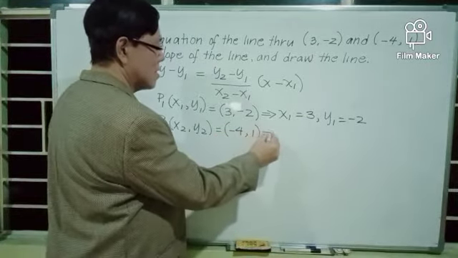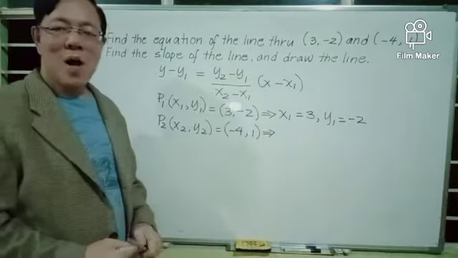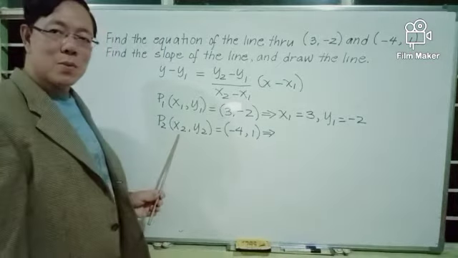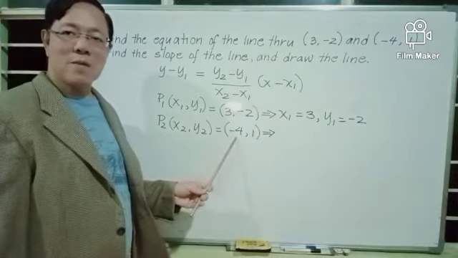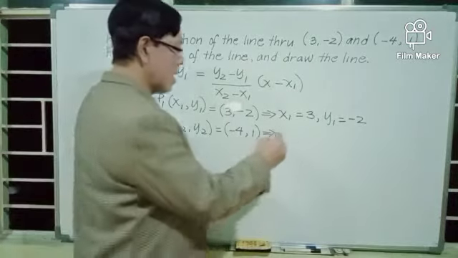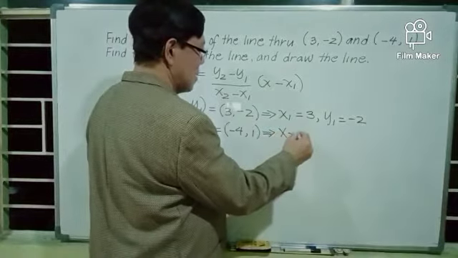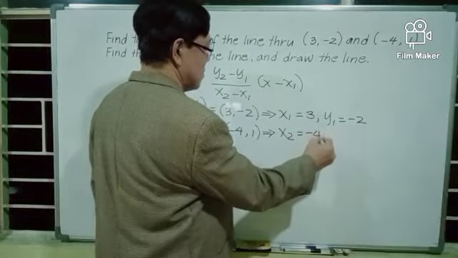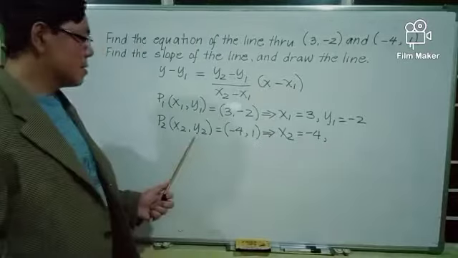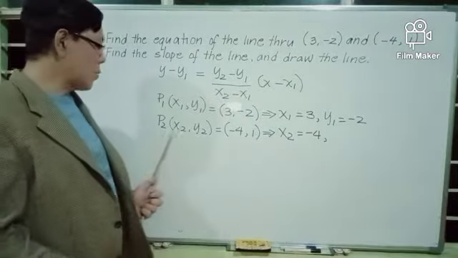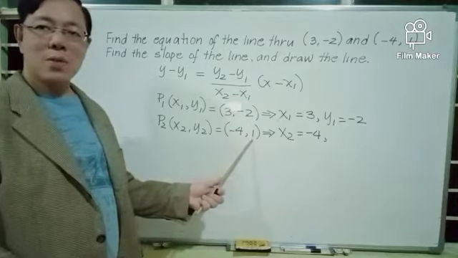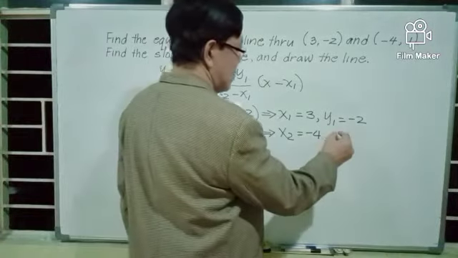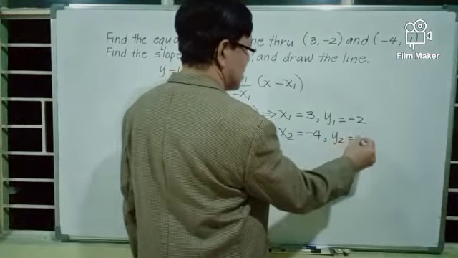This implies that the abscissa x2 of the second point P2 is negative 4. We write x2 equals negative 4. And the ordinate y2 of the second point P2 is equal to 1. We write y2 equals 1.